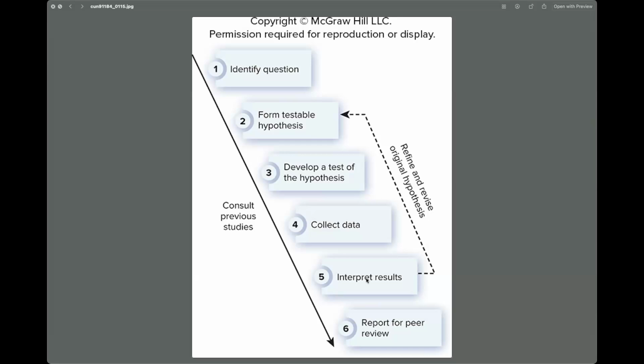If the results don't really fit your testable hypothesis, then either you throw it out and start again, or you revise it, you refine it. In other words, it wasn't entirely wrong; it was somewhat wrong, and that process is very painstaking. It's very slow, but it is how the scientific method works.